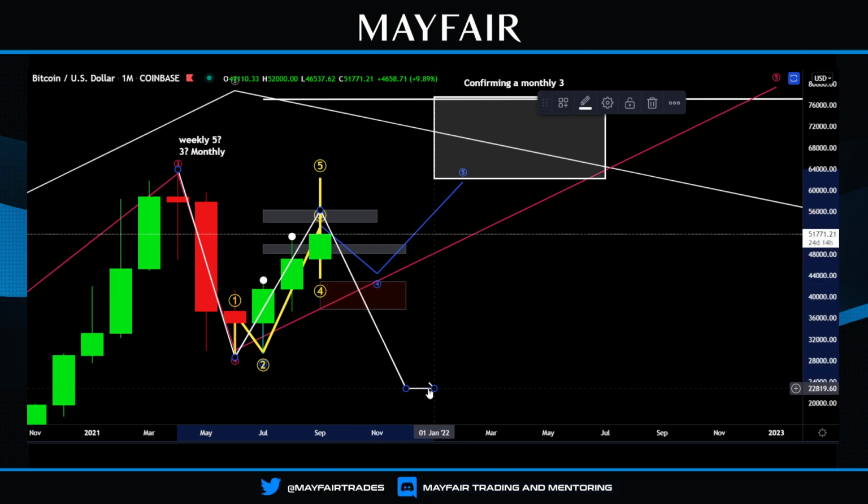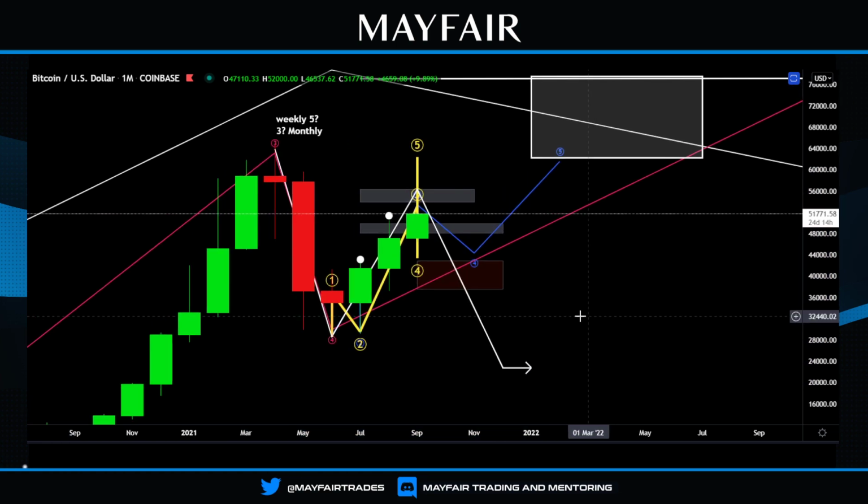So this would mean we'd actually see an ABC move. We're likely to see some 3 or 5 combo here, and it's then not going to turn into a zigzag move. We're actually going to get a combo move, which could end up being a double zigzag or a zigzag into a flat, etc., etc., etc.